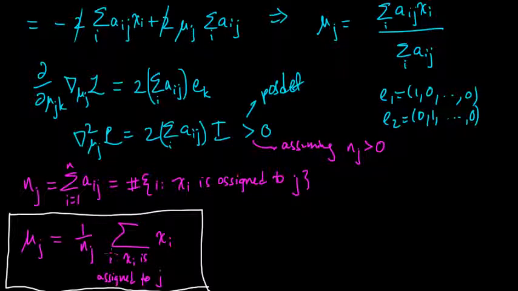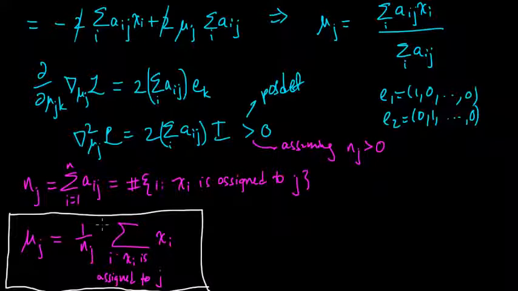Technically speaking, this is not defined when nj is 0, but that happens so rarely. In fact, whenever I've used k-means, that's never happened to me. It happens so rarely that I don't know if there's a standard approach to resolving that, but one thing you could do would be to just restart the algorithm from the beginning with a new random initialization.